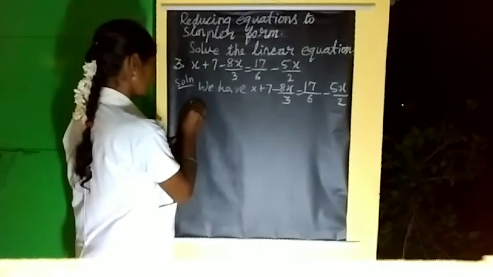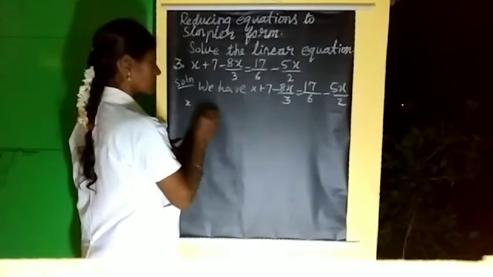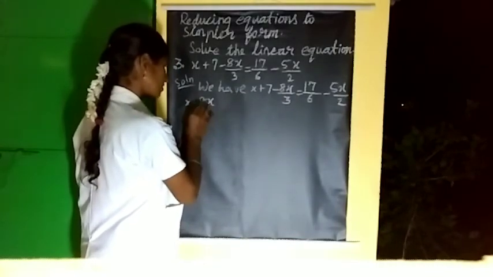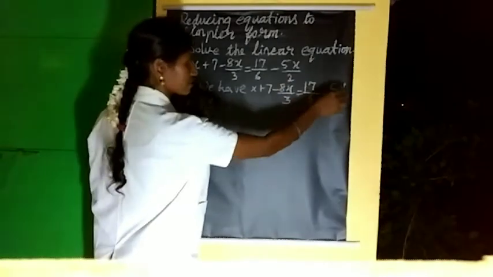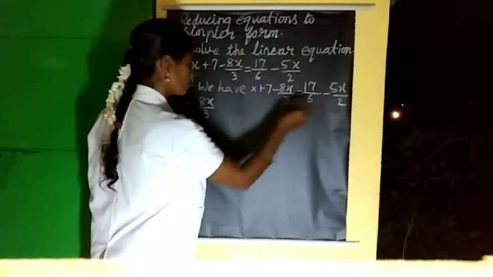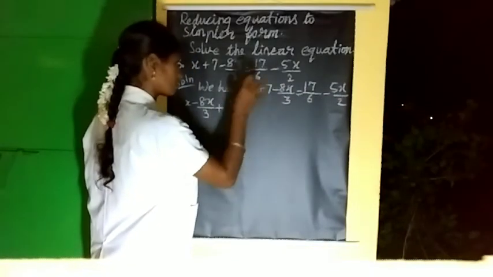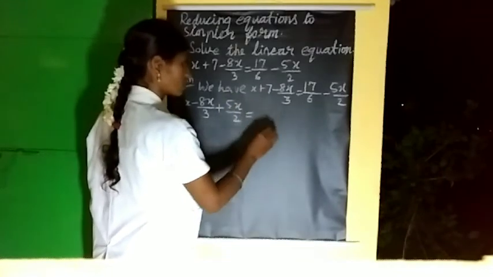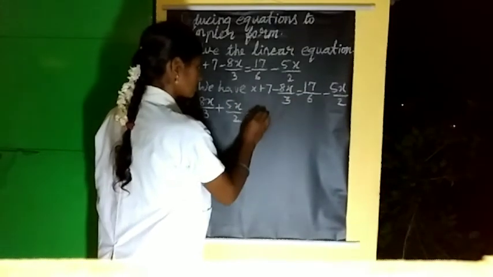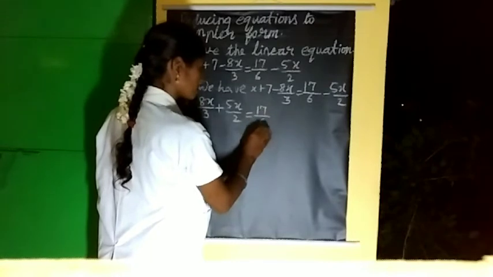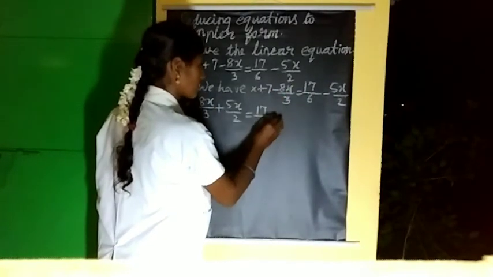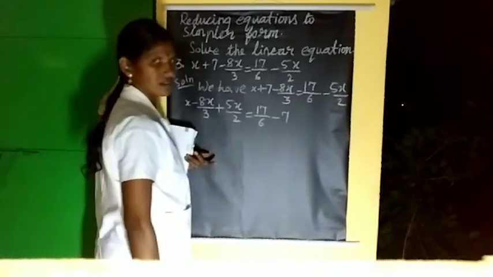What is the variable x? Minus 8x by 3. Next x term, minus 5x by 2. Bring it to the LHS, it will become plus 5x by 2 is equal to, what is in the RHS? 17 divided by 6. Then here this plus 7 on the opposite side becomes minus.